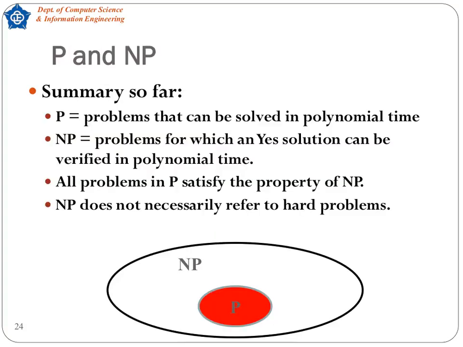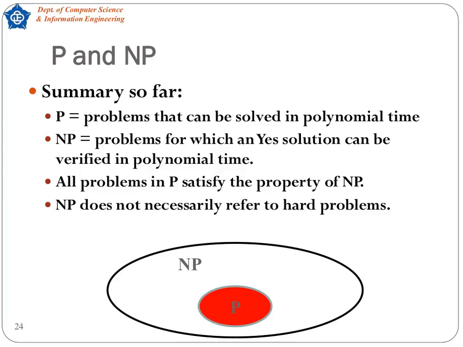Building on that Euler tour example, let's recap P versus NP. First, P is the set of decision problems we can solve in polynomial time. NP, on the other hand, is the set of decision problems for which, given a proposed yes answer, we can check its correctness in polynomial time.